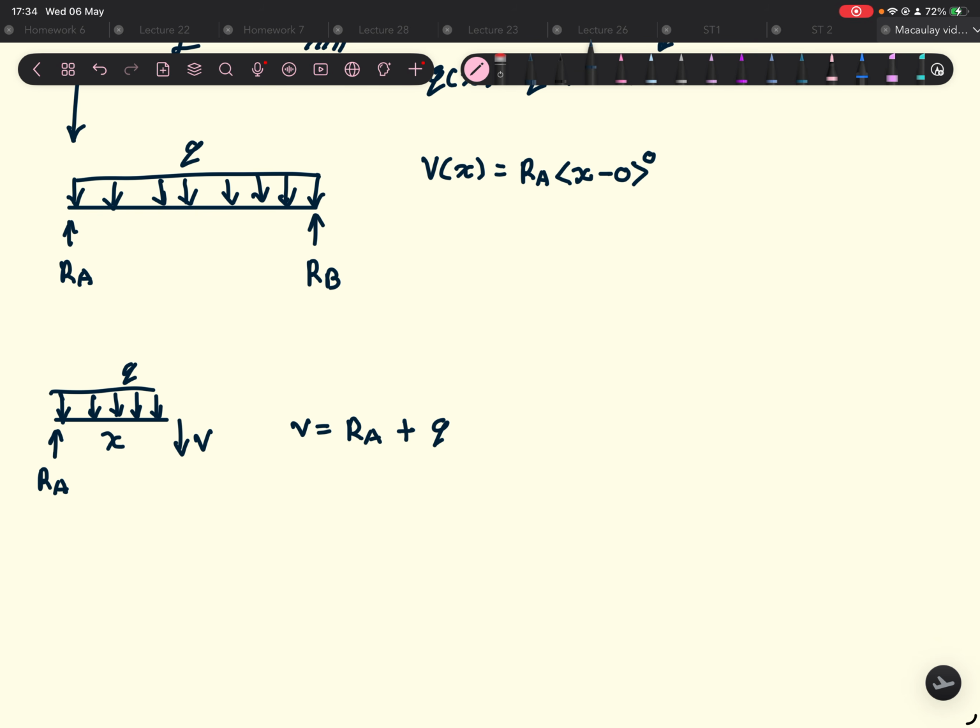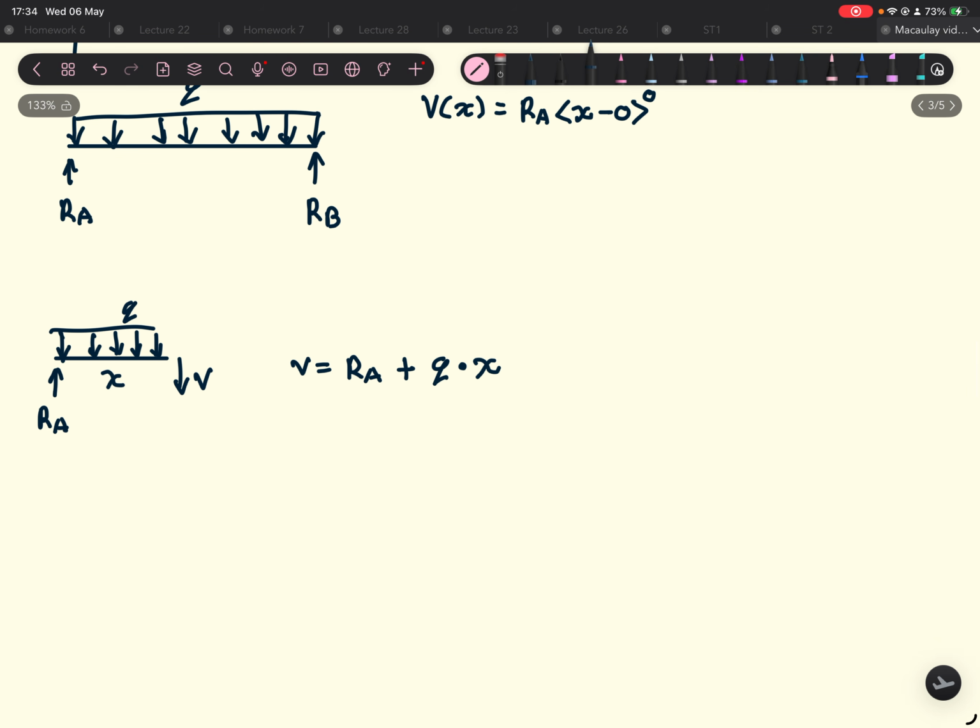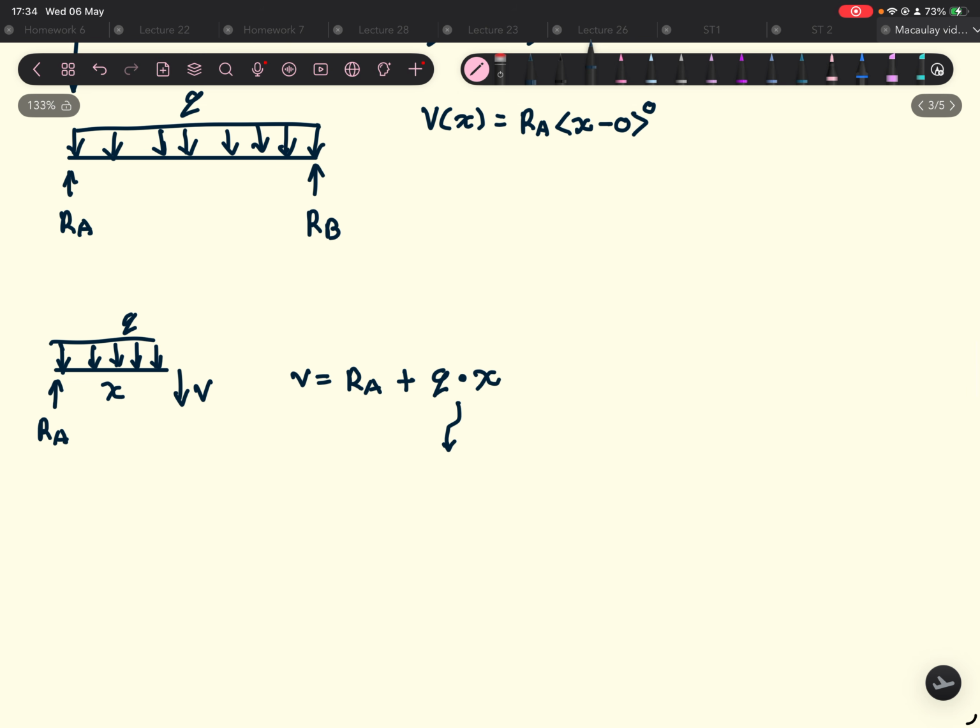So plus Q times x, right? Cool. So if we wanted to express this Q times x with Macaulay brackets, you can see that this Q times x is an equation of a straight line where Q is your gradient and x is your variable, right?